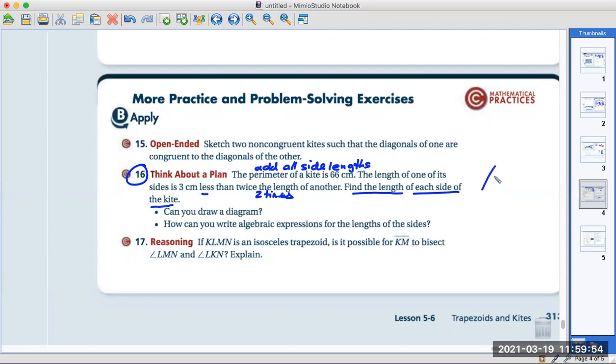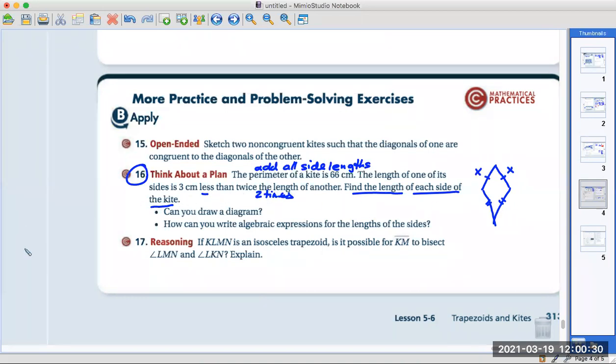It's a kite, so I'm going to, of course, draw some kind of kite contraption. These 2 are congruent and these 2 are congruent, correct? I do not need the diagonals. It's talking about the outside, the perimeter. So it's this plus this plus this plus this, okay? And then if you call one side x and then that side x, then you need to write an expression using x in the other side.